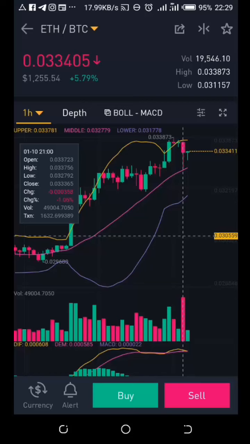On this particular one, if you look at the analysis that appeared by the left hand side: open, high, low, close, CHG, that's change, and also CHG in percentage. You see the volume and then the transaction number.